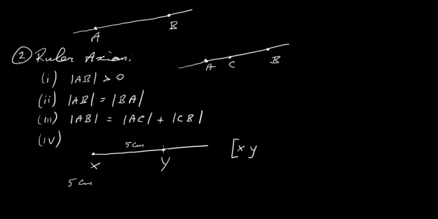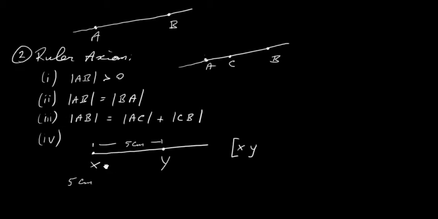There is only one point on this ray XY that is 5 centimeters from X. So there isn't another point up here, for example, that's also 5 centimeters from X, or a point down here that's also 5 centimeters from X. There is only one point on the ray that's 5 centimeters from X. So that's your axiom number 2 finished.